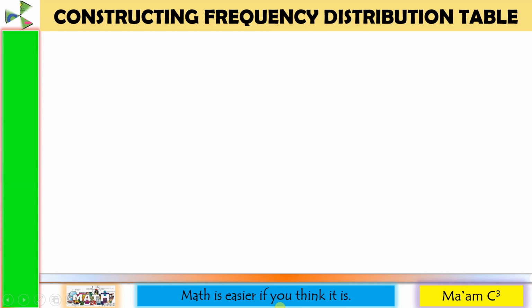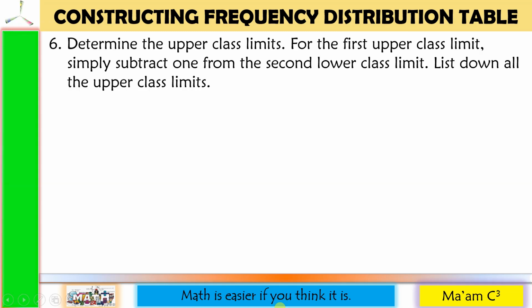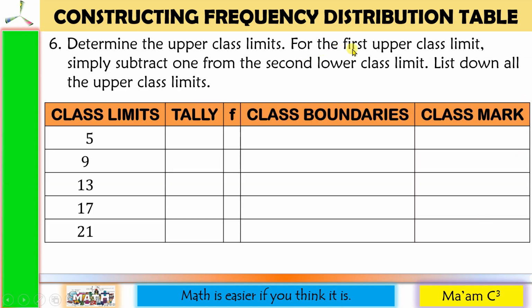Next step is step 6. Determine the upper class limit. So let's have our table first. For the first upper class limit, simply subtract 1 from the second lower class limit. So our second lower class limit is 9. So 9 minus 1 is equal to 8.